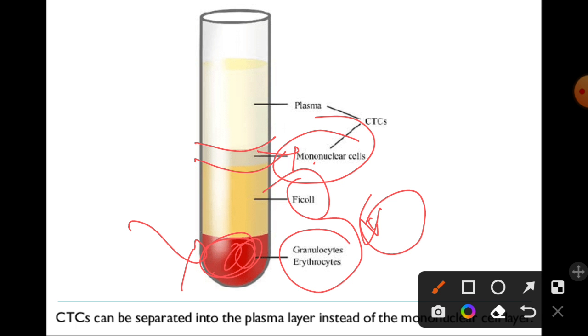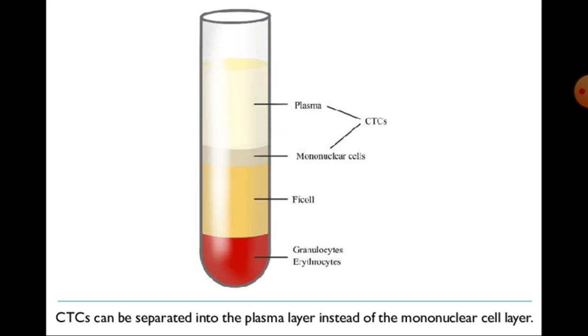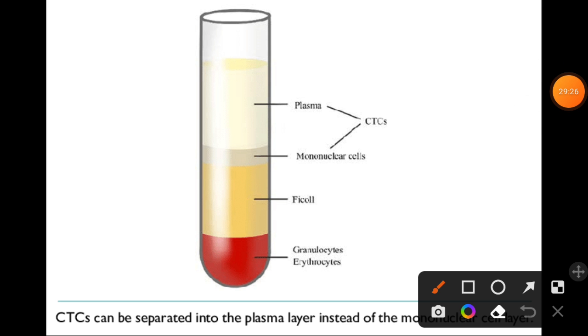then plasma. Okay, and another important thing is that in isopycnic centrifugation you do not get any kind of pellet, because isopycnic centrifugation is independent of time. No matter at what speed, at what amount of time you have run your tube, there will be no pellet at the bottom. That is another significant characteristic of isopycnic centrifugation.